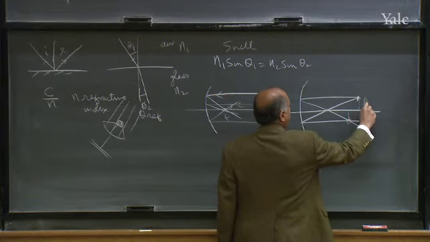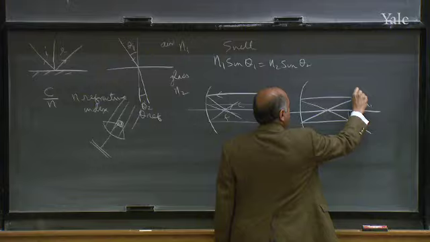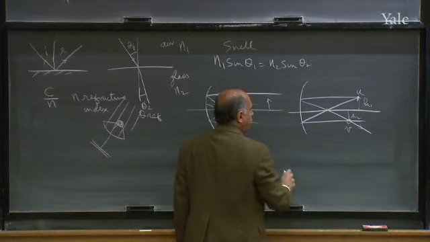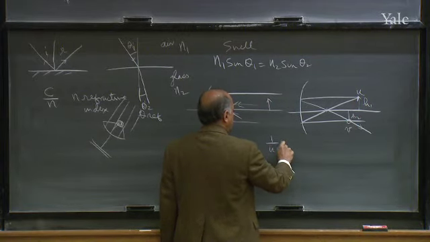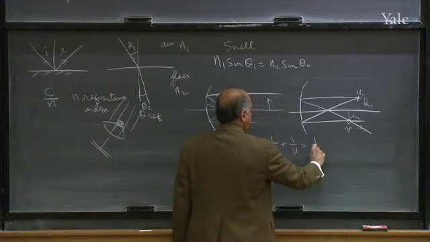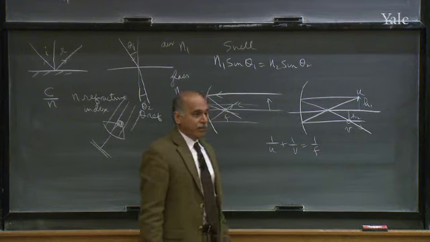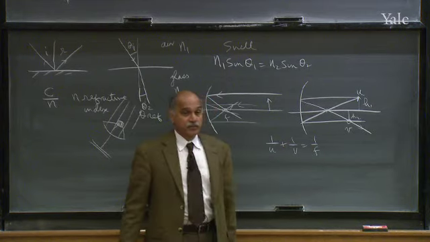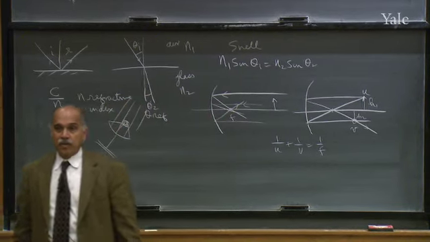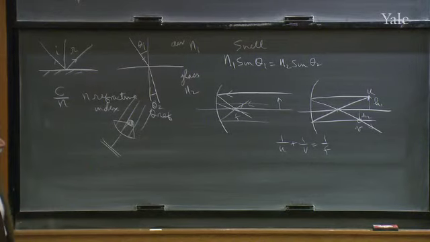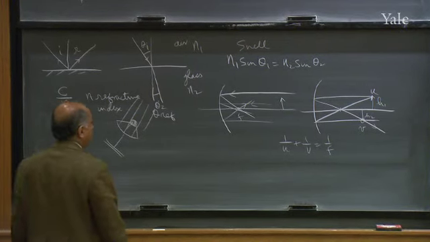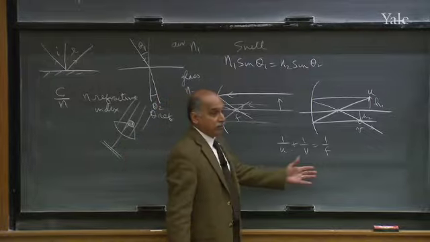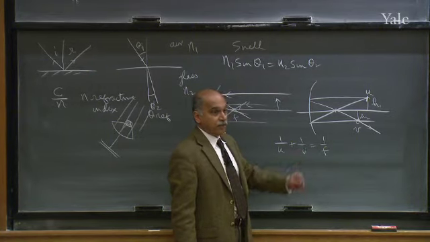This is called h1, this is called h2, that distance is called u, that's called v, and you have the result: 1 over u plus 1 over v is 1 over f. By the way, there is no universal agreement on what to call these distances. Some people call them I and O for image and object. When I was growing up, they called them u and v. I don't care what you call them, but this is the law.